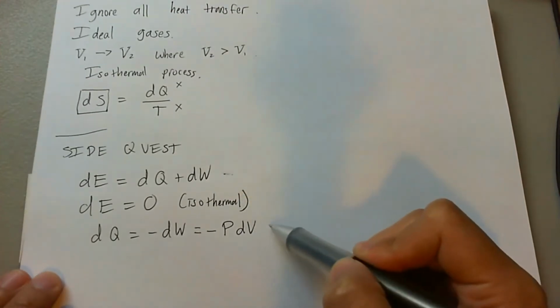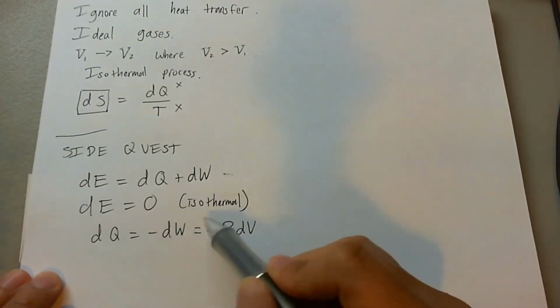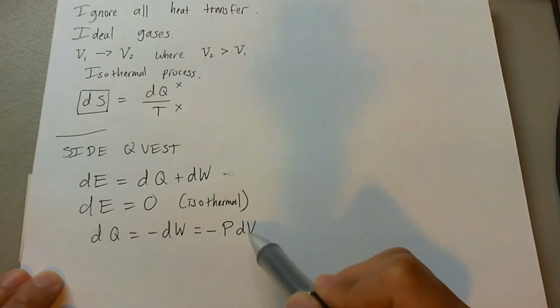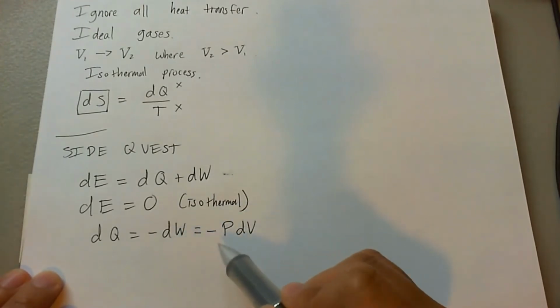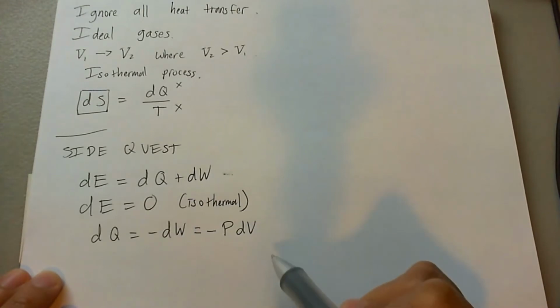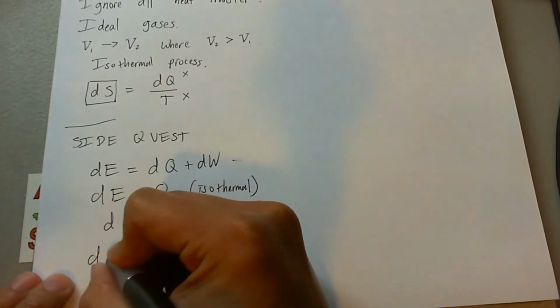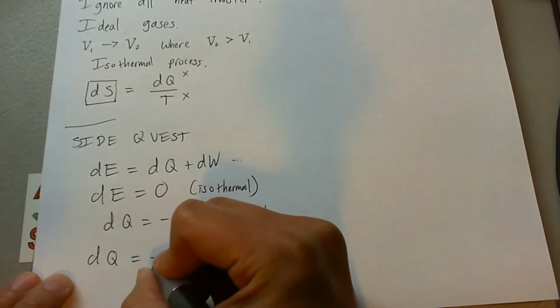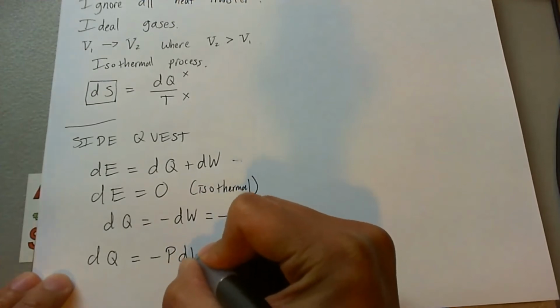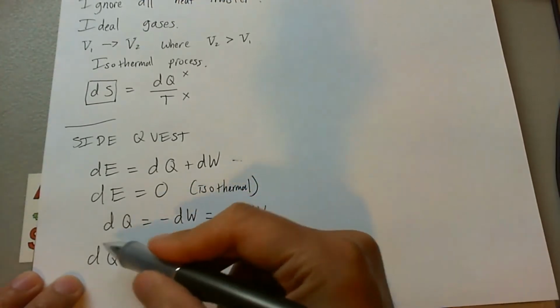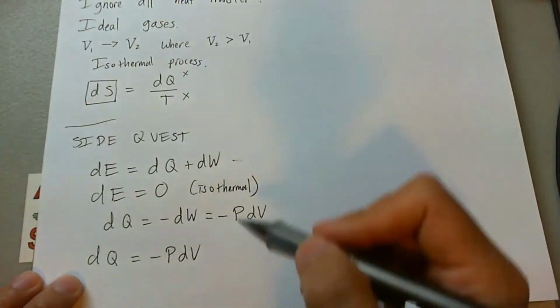And the second relationship is linking work with pressure and volume. This is actually the same as relating work to force times distance. It's just in a different format. So now we see that dQ is equal to negative P dV. And so voila, we might have a dQ on our hands.